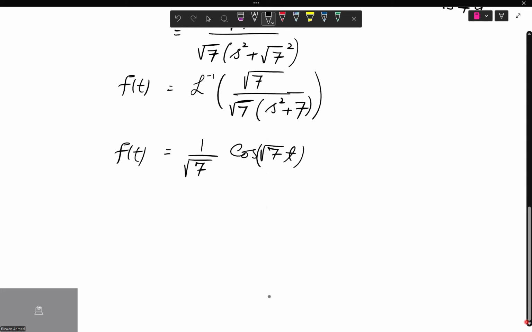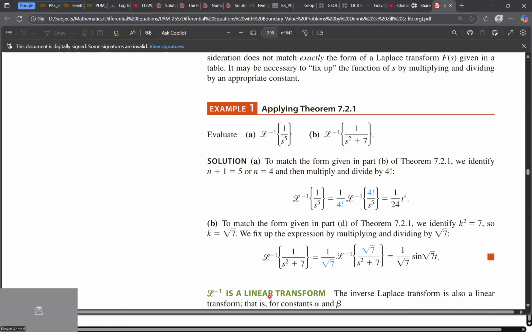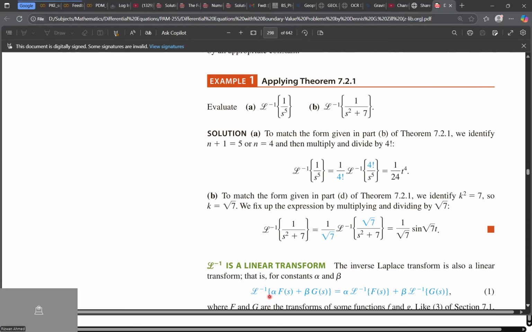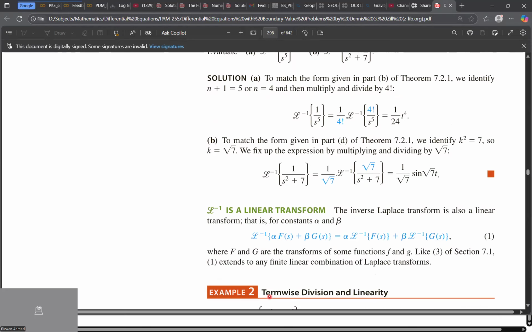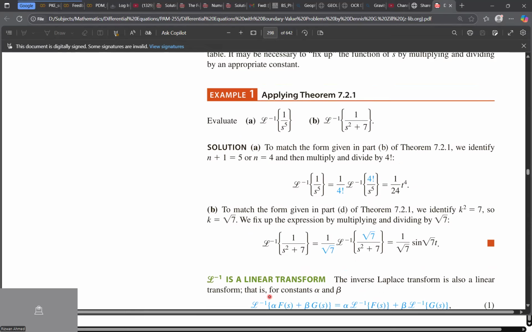So let's see what's there in the next example. Okay, well, I made a mistake. It was 1 over s squared plus a squared.